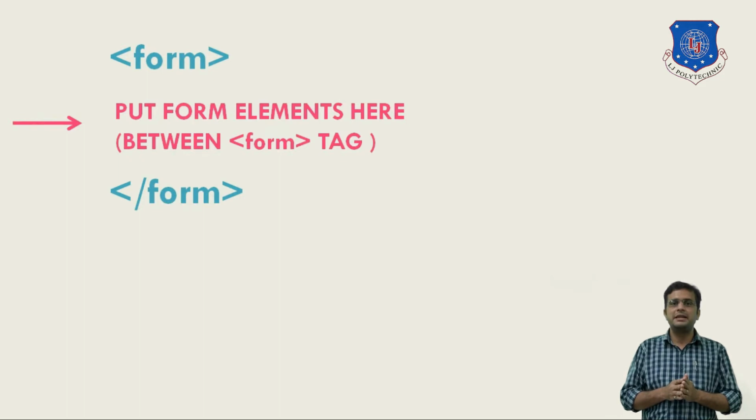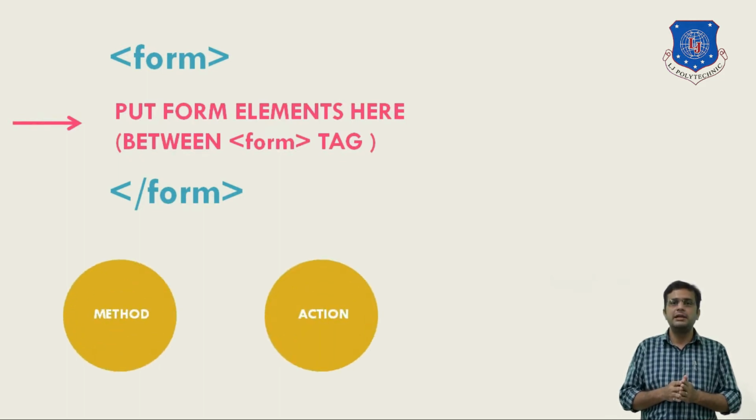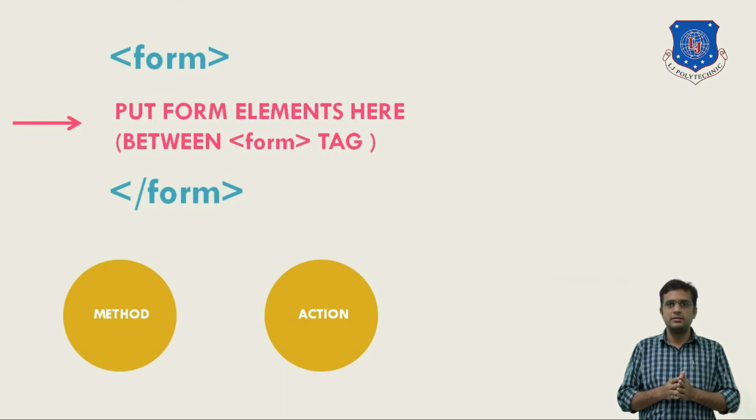First property is a method property and second property is action property. We will see these two properties later in some other video because these are not a part of HTML form elements. For now, we will see how different form elements are created.